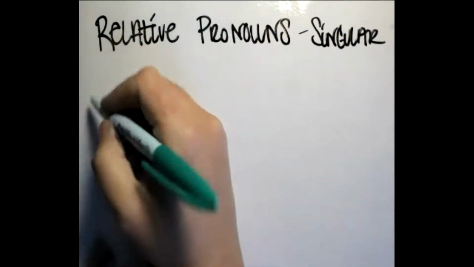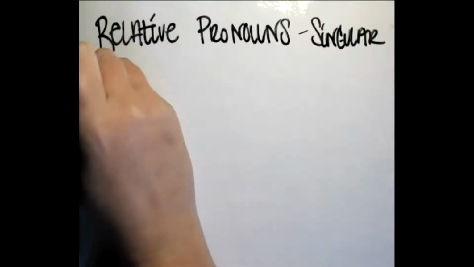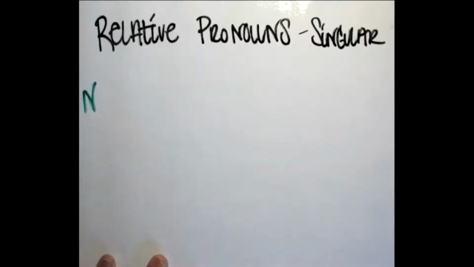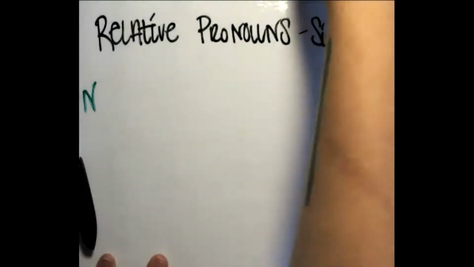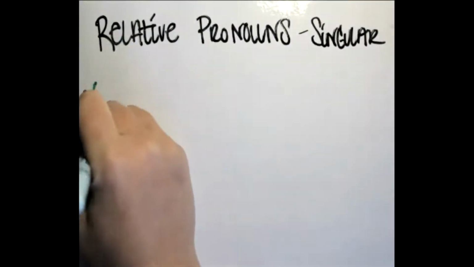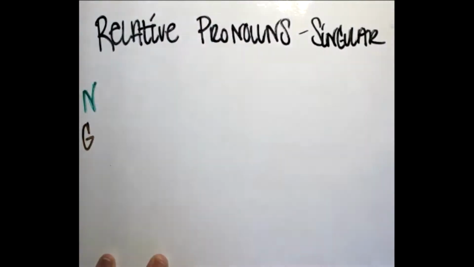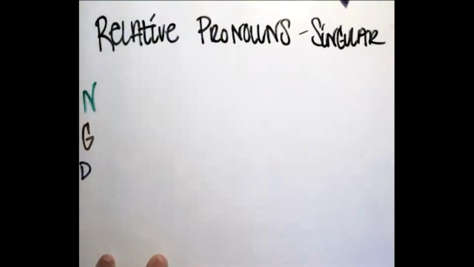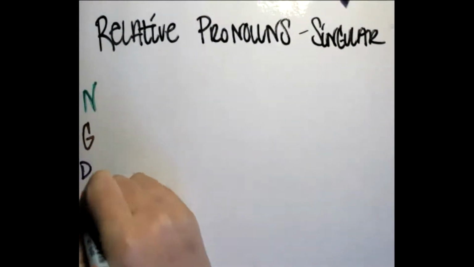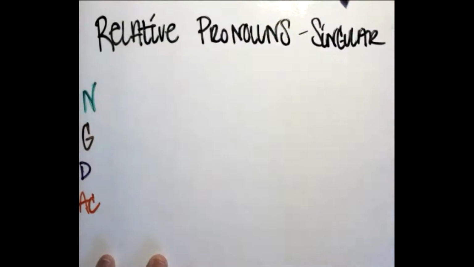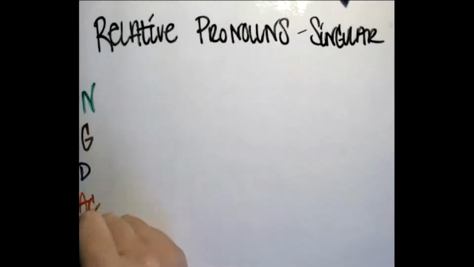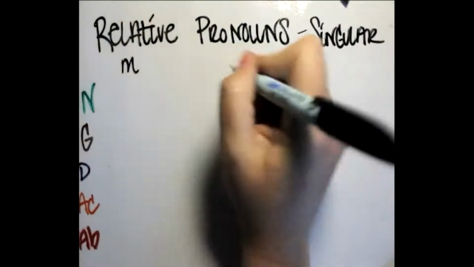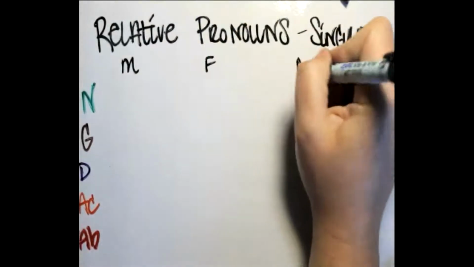We're going to have our nominative forms, our genitive forms, our dative forms, our accusative forms, and our ablative forms. And then we're going to have masculine, feminine, and neuter.